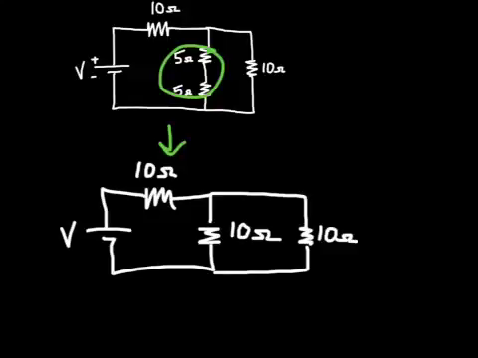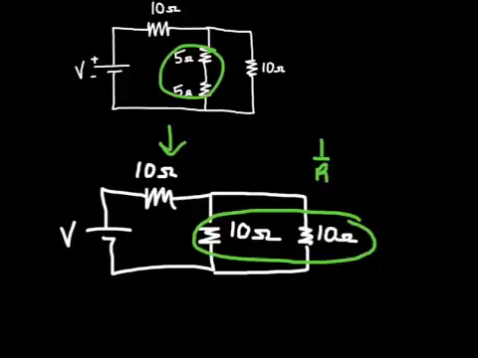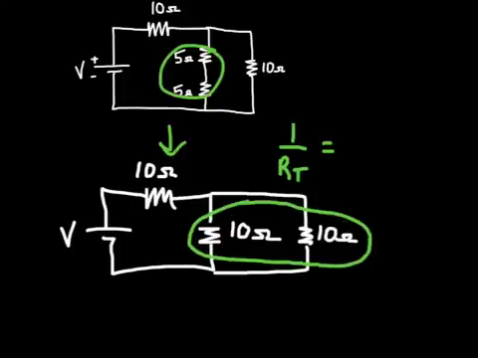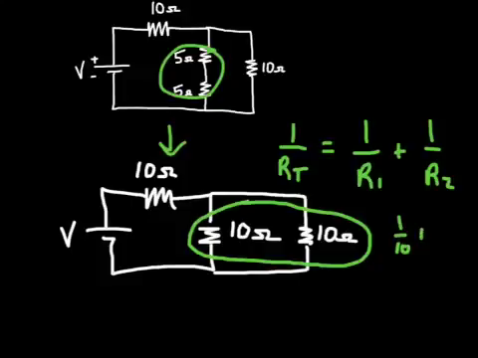Now let's take a look at these two 10 ohm resistors. They are in parallel. So how do we add resistors in parallel? We have to do 1 over R total is equal to 1 over R1 plus 1 over R2. In this case, R1 and R2 are both 10. So we have 1 over 10 plus 1 over 10, which gives us 1/5.